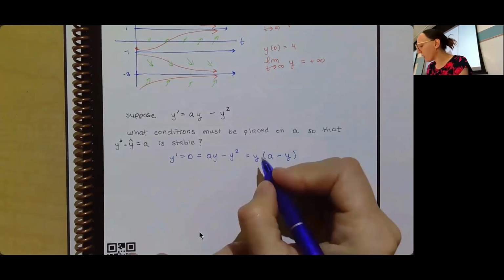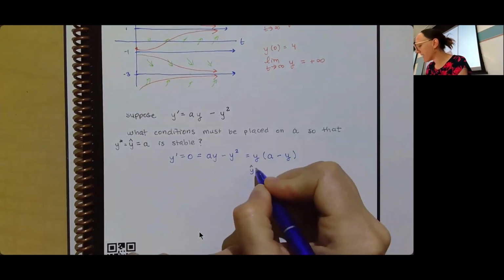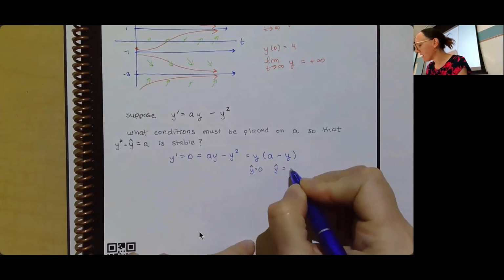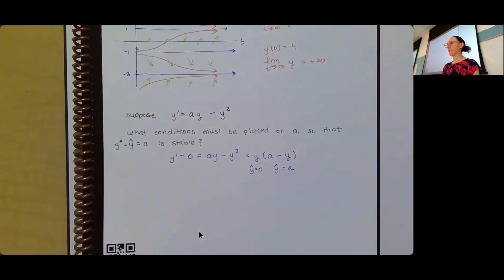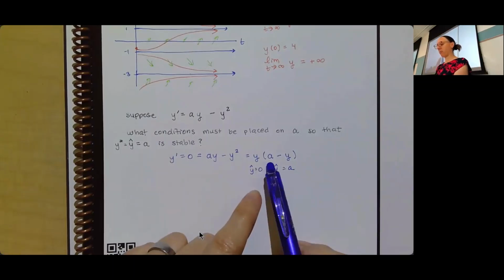So I know that I should have equilibria at 0 and at A. Personally, I think in graphs. So when I see this, I'm really thinking about, if I'm being asked what conditions must be placed on A, what are the ranges of A values we might be looking at. Well, if A is 0, then there's actually only one equilibrium.